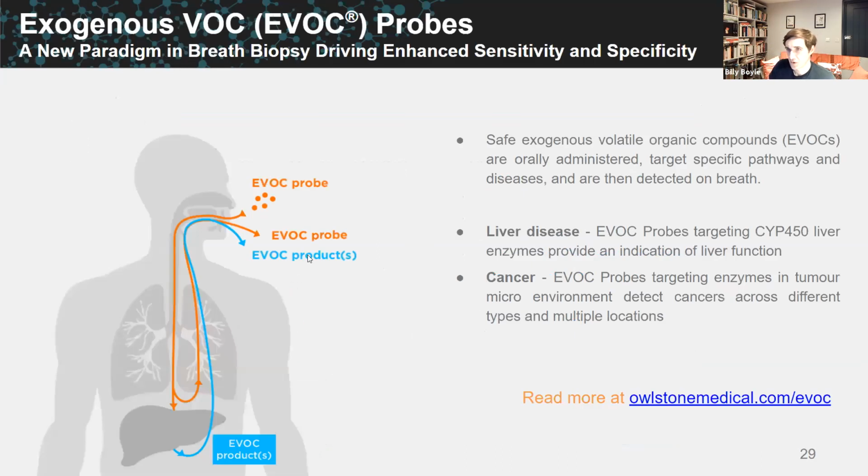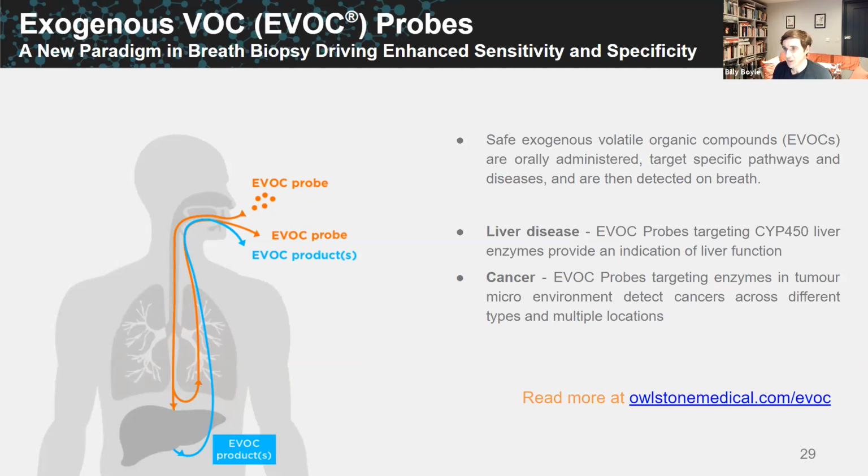I just want to introduce the concept of evoked probes a little bit more, because I think this is really where a lot of our focus and emphasis is in terms of how we are thinking about breath diagnostics, both in cancer and also things like liver disease.